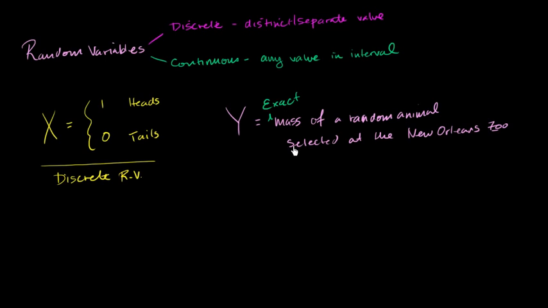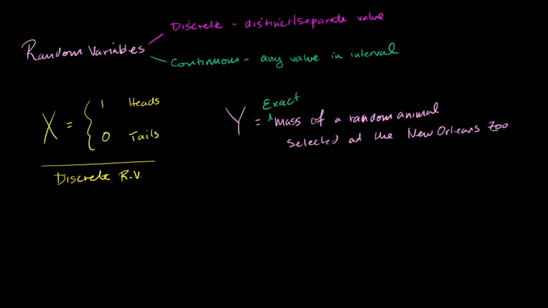The exact mass of a random animal or a random object in our universe can take on any of a whole set of values. I mean, who knows exactly the exact number of electrons that are a part of that object right at that moment? Who knows the neutrons, the protons, the exact number of molecules in that animal at exactly that moment?